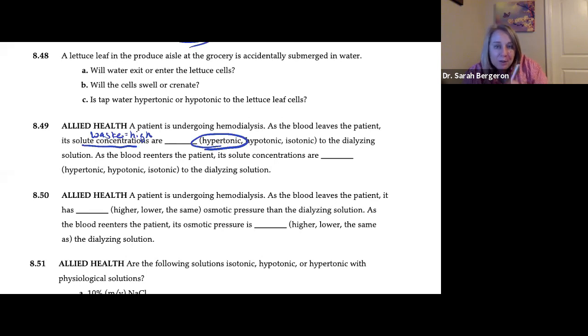As the blood re-enters the patient, okay, it's been cleaned out. We've removed a lot of those solutes. Its solute concentrations are, we want it to be equal to what is in the current body, so then we don't injure the patient further. So it's going to be isotonic to the dialyzing solution, right?